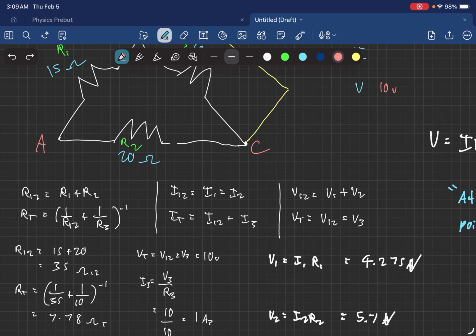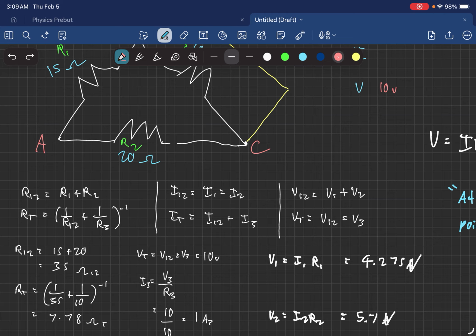Next, because we have these equations here, we can derive the equations to help us get our current and our voltage. Our current here, we're just going to follow the structure. Remember that currents in series are equal to each other.